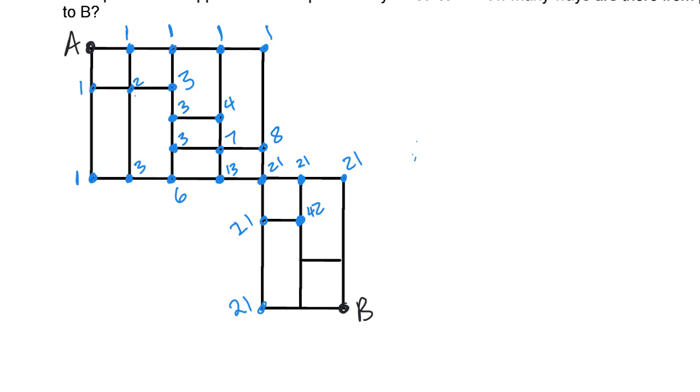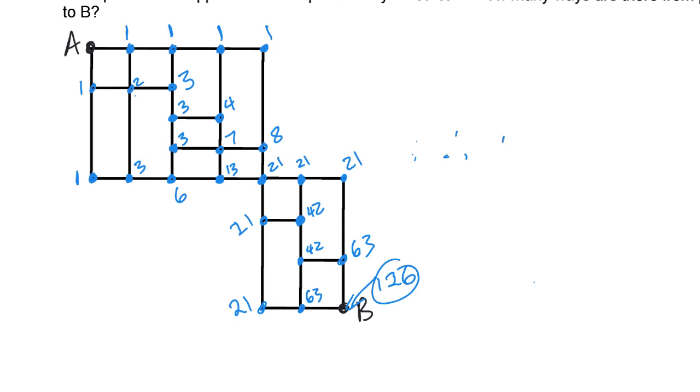And to get to this spot from here, there's no other way to get to it. So you're literally going to have 42 again. And then 42 plus 21 is 63. And 63 in this corner again. And then to get to this specific spot, we add the 2 and we get 126.